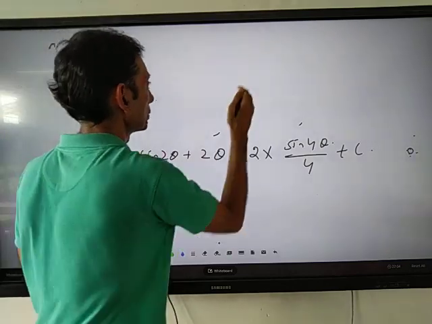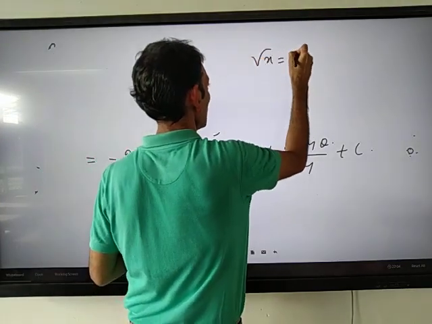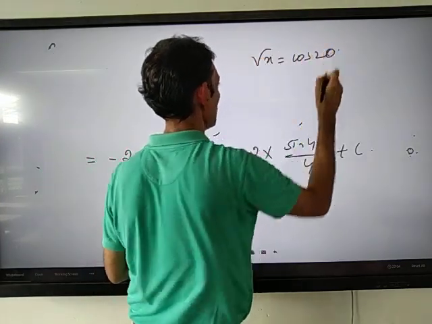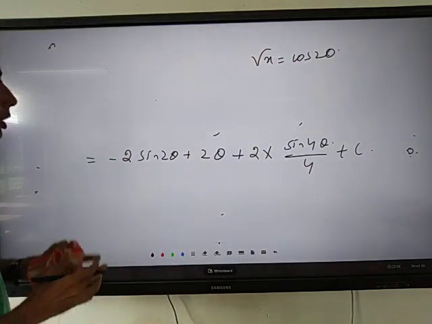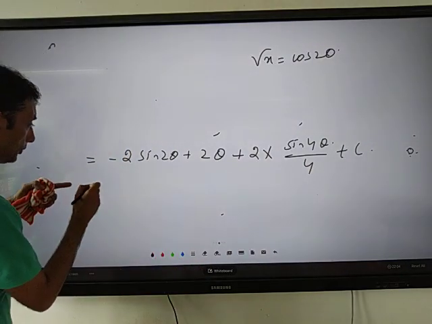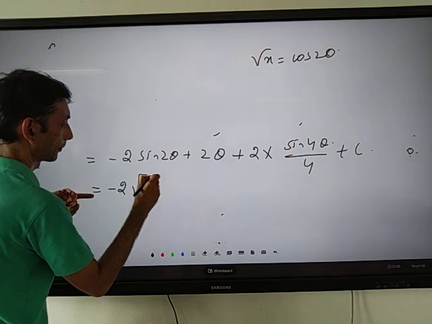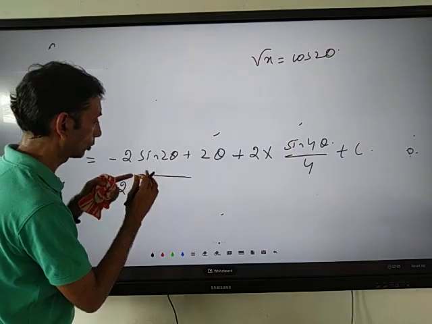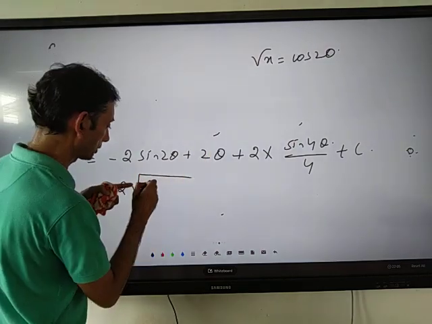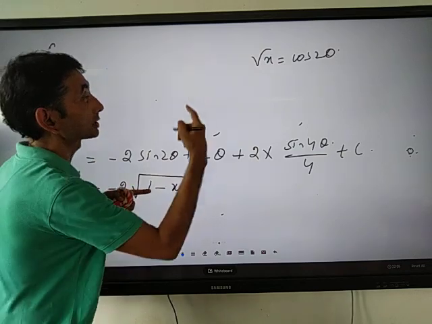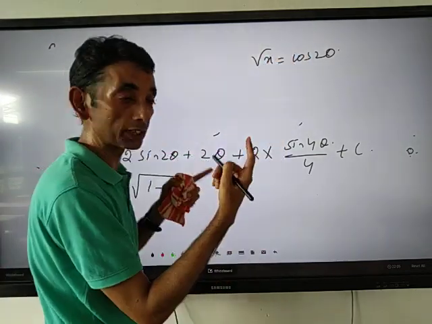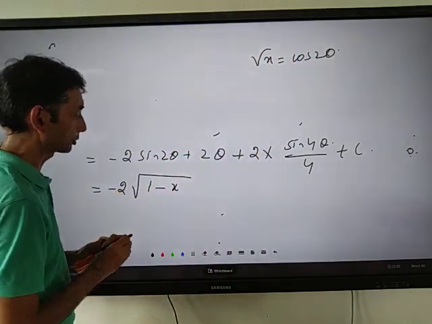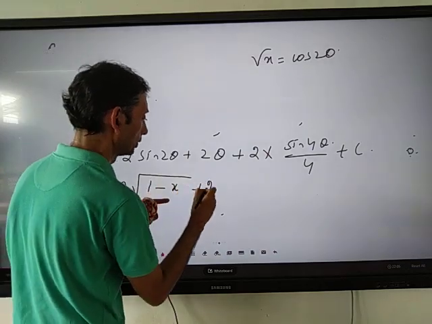We substituted root x equal to cos 2 theta. Therefore minus 2 sine 2 theta, you can write it as 1 minus cos square 2 theta. Cos square 2 theta will give us x. So it's minus under root 1 minus x, plus 2 theta.